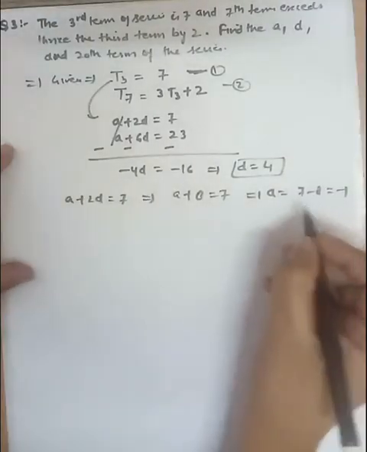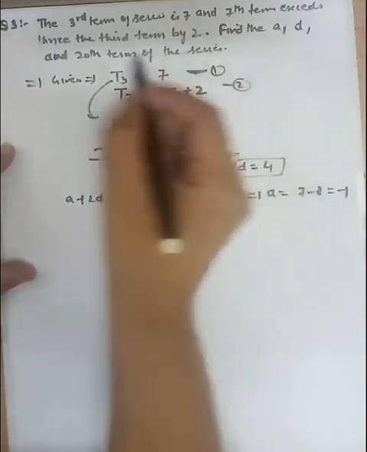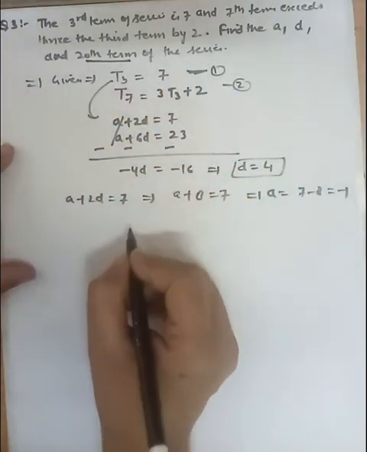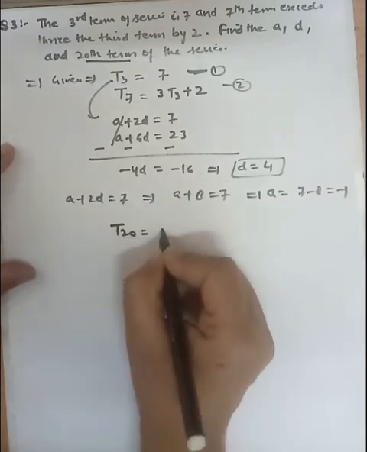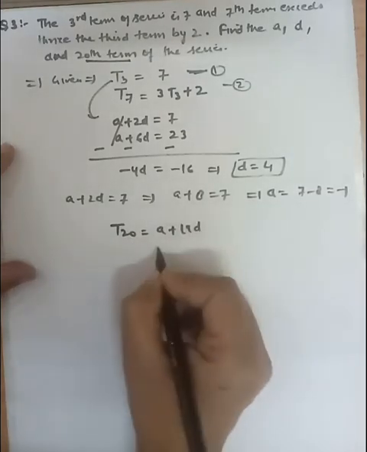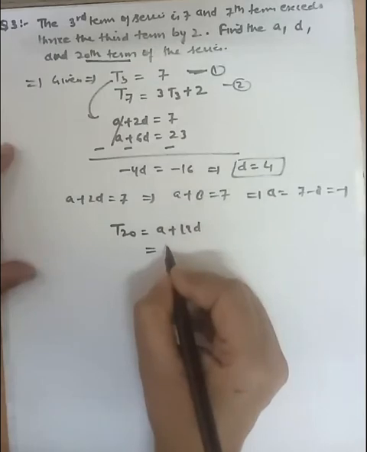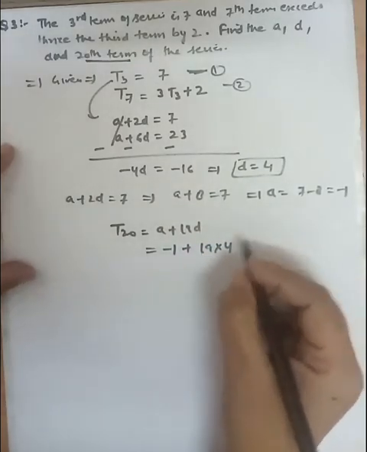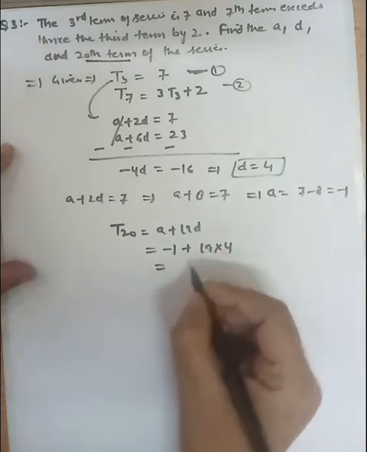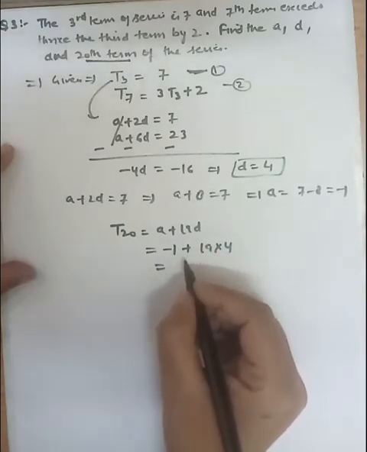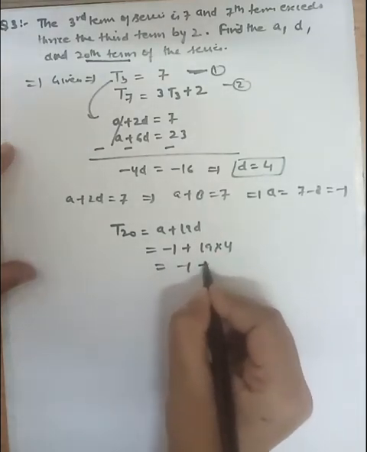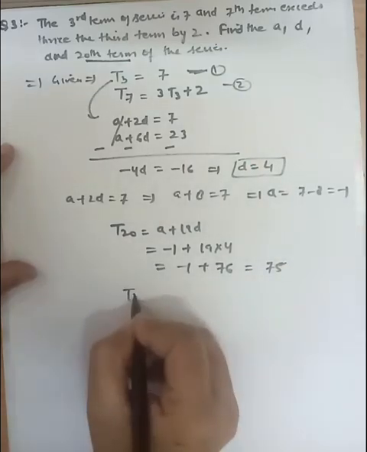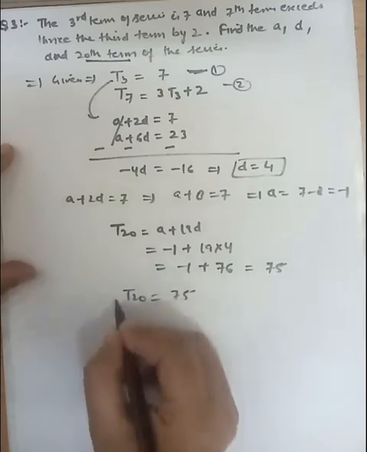Now put the values of A and D in the formula for the 20th term: A plus 19D. A is minus 1 and D is 4, so minus 1 plus 76 is 75. So T20 equals 75. Okay.